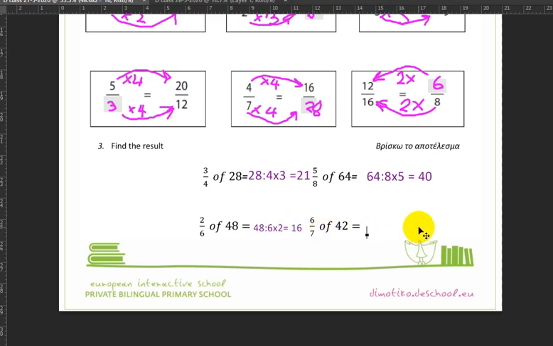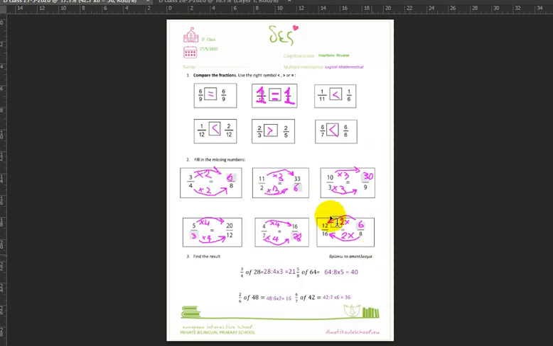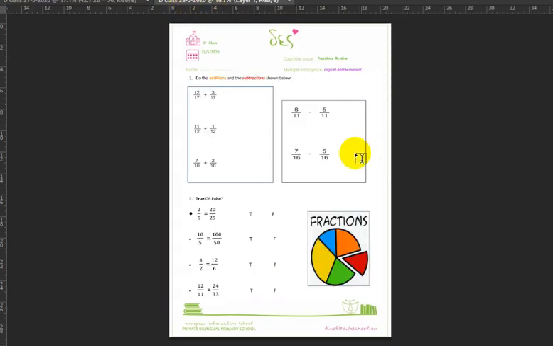Lastly, we have 6/7 of 42, and we divide by 7 and multiply whatever we find by 6. 42 divided by 7 makes 6. Multiplied by 6 makes 36. Okay, so that's exercise 1. Let's move on to exercise 2.